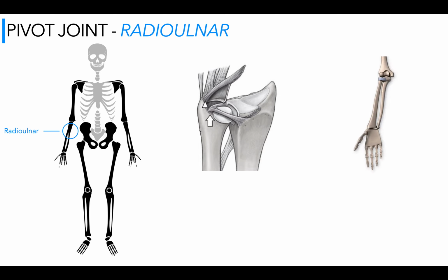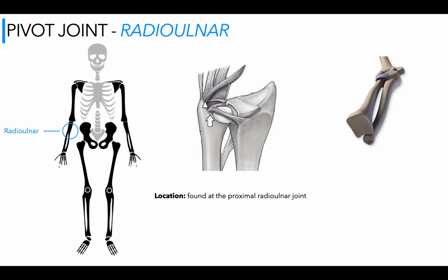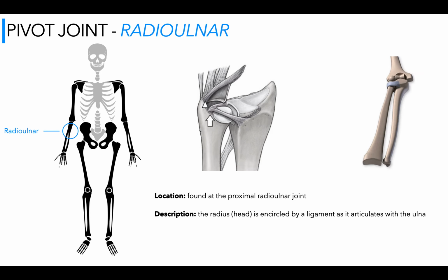This is how movement of the radio-ulnar would work, and we'll be talking about joint movements in a different video, but as you can see there, rotating, uniaxial. So it's found at the proximal radio-ulnar joint, proximal meaning closest to the midline of the body, so the other end of the radius would be the distal end.